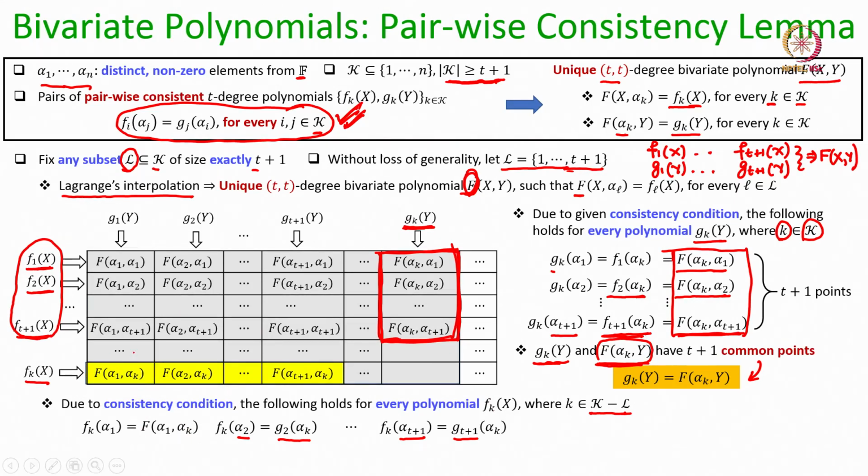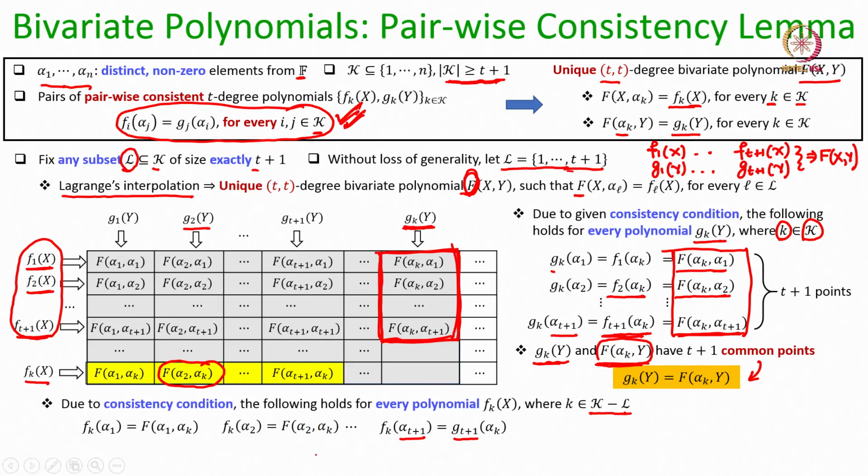In the same way, what is g 2 of alpha k? The g 2 polynomial evaluated at alpha k is this second point here in this highlighted row, which is a point on my interpolated bivariate polynomial f of x y. That means I can rewrite this equality as this.